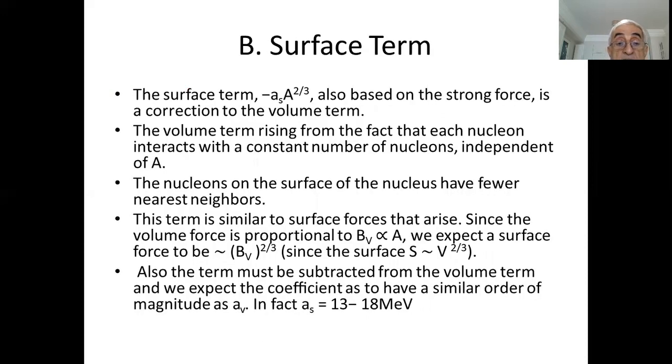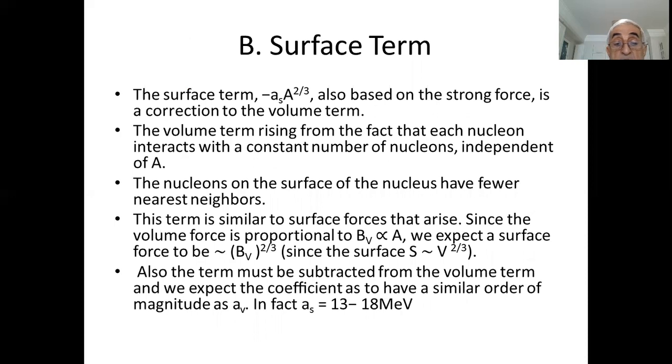Surface term, also based on the strong force, is a correction to the volume term. The volume term arises from the fact that each nucleon interacts with a constant number of nucleons independent of A. The nucleons on the surface of the nucleus have fewer nearest neighbors.